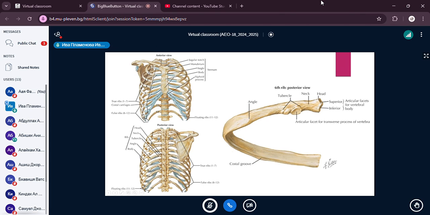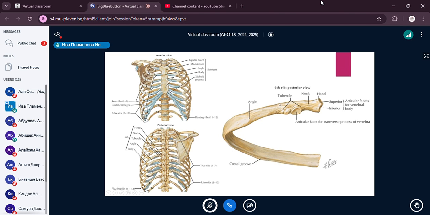If you remember, each vertebra has a superior and inferior costal notch for the head. And actually, the rib is between the two vertebrae, as you can see.